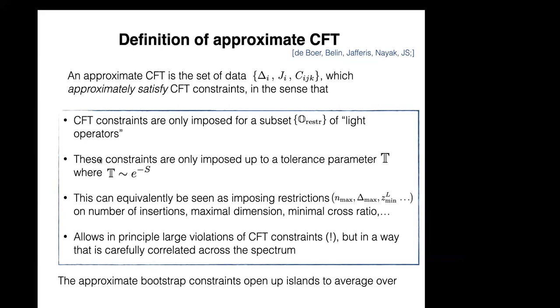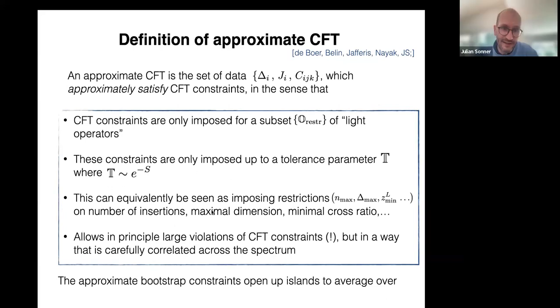Okay. So equivalently, we can see the first two points as imposing a restriction on the maximum number of insertions you can have in a correlation function, the maximum individual conformal dimension that an operator can carry, and you have to actually also restrict Lorentzian cross ratio space.